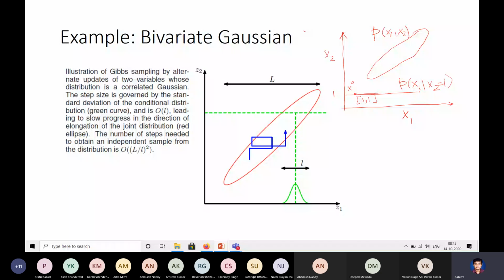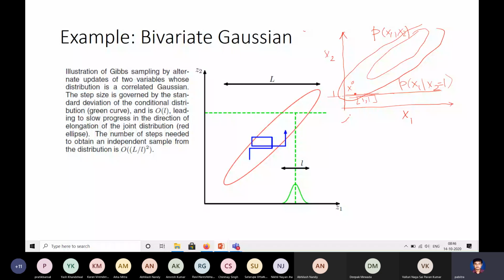So if I draw more contours of this distribution and fix X2, then I will get X1. Basically I am cutting this two-dimensional distribution along this X2 equal to 1 plane. So I will get some one-dimensional distribution like this.